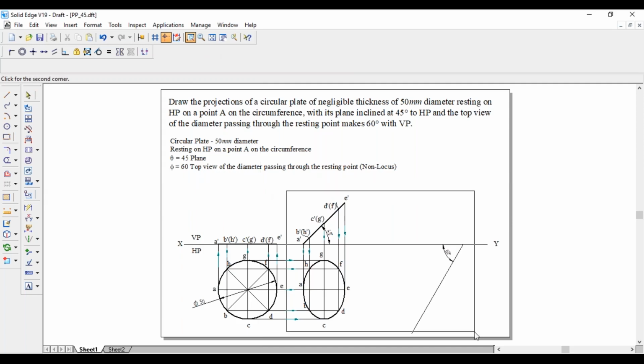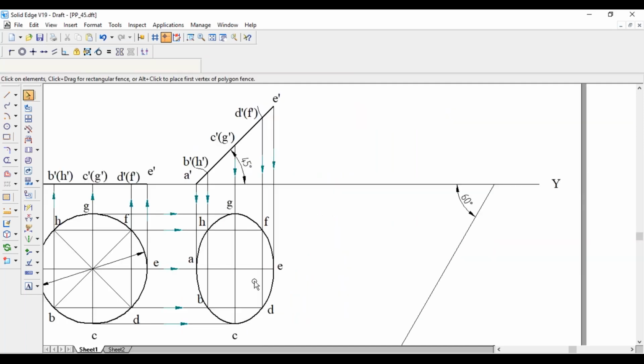Copy this AE on this one because this is making an angle of 60 degrees. So AE length is 35.36. Copy this on this 60 degree line. Anywhere on this line as center, cut an arc of 35.36 mm. So this is E.